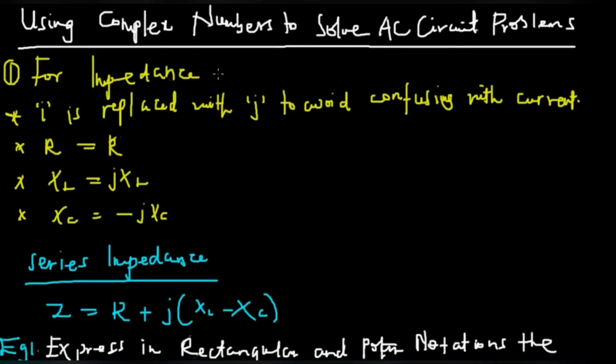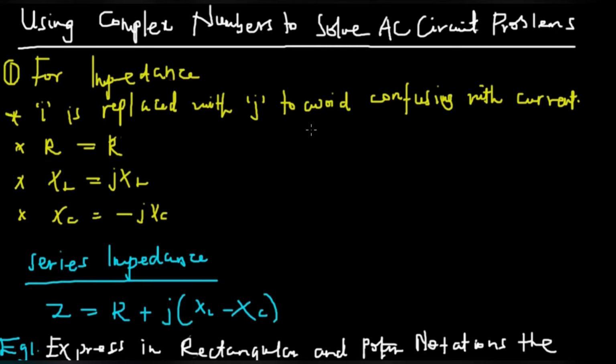Right, so let's look at impedances. The first thing you need to know is that the I in complex numbers is represented with J, so that it doesn't confuse you with the current. When you meet this I and the current representation for I, it won't confuse you.